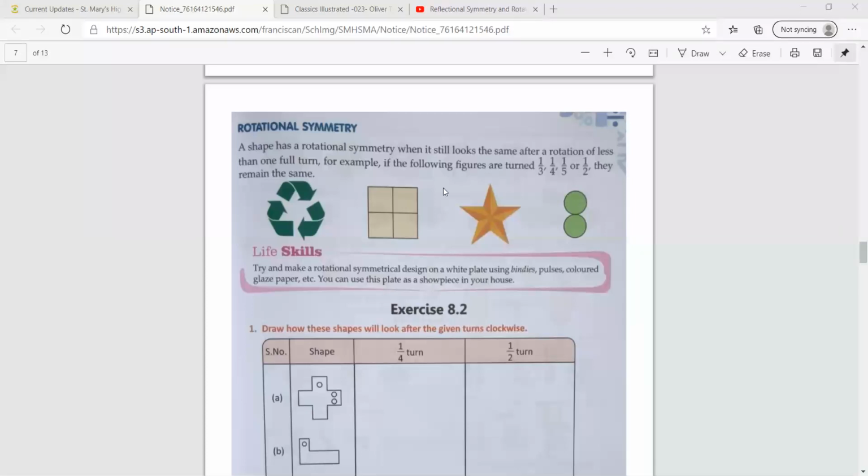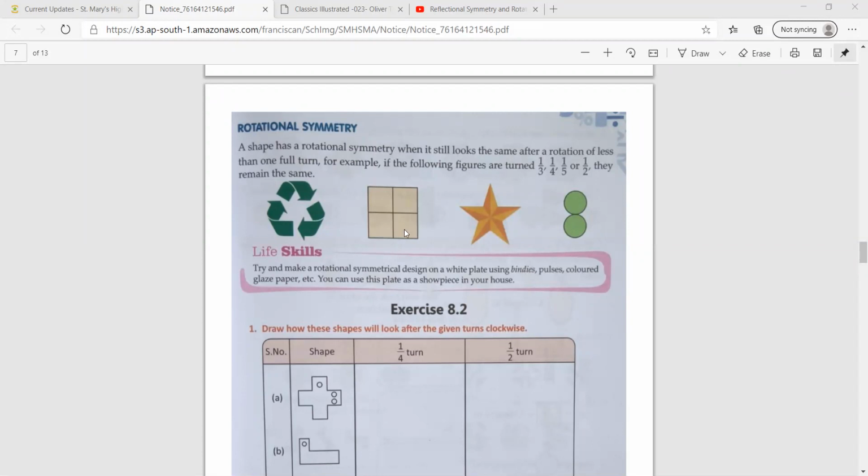Okay. So now look at this figure. If you move this 1/4 turn, what will happen? This will come here. So not 120 degrees if you move, this will come here and this will go there. So this has rotational symmetry. This also, you move it 90 degrees.